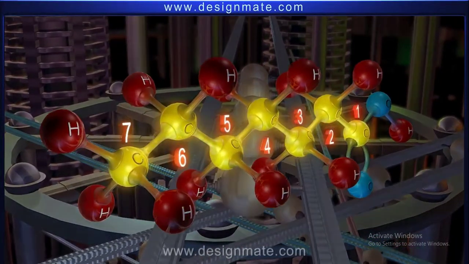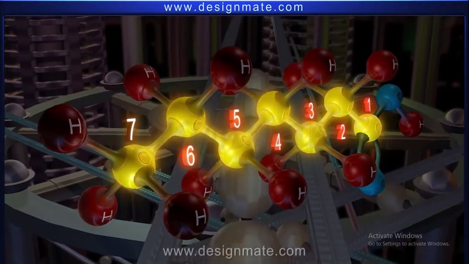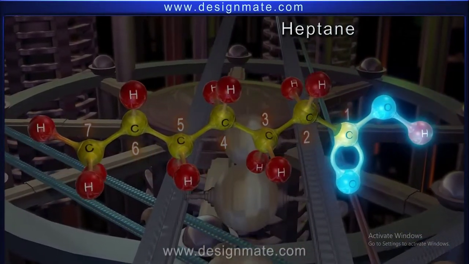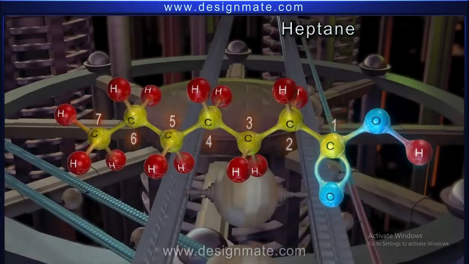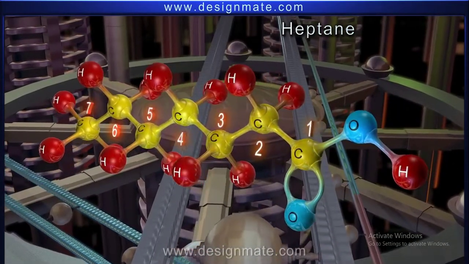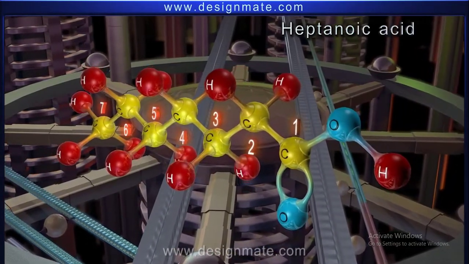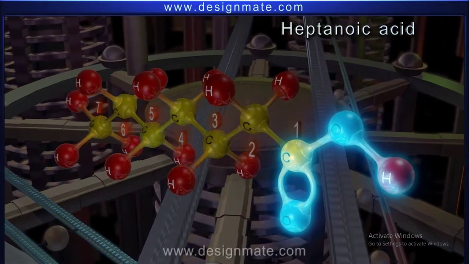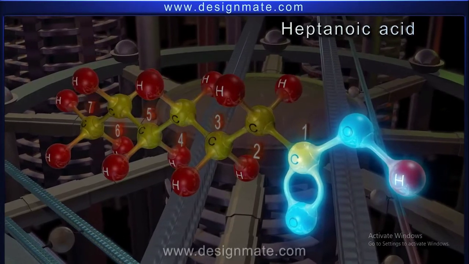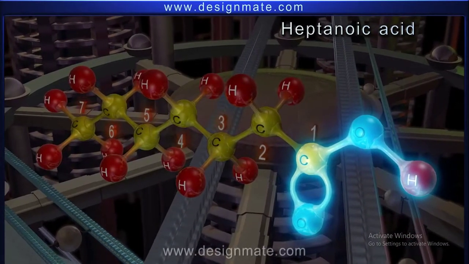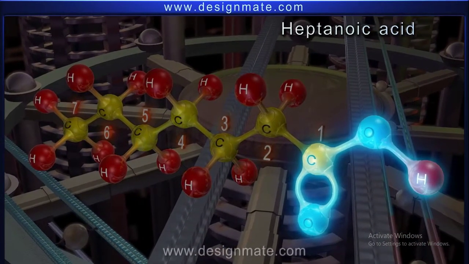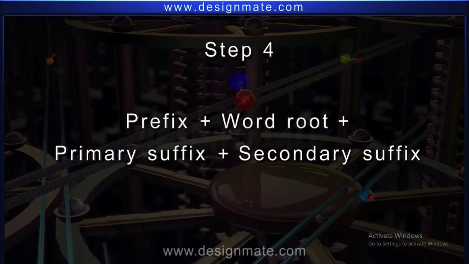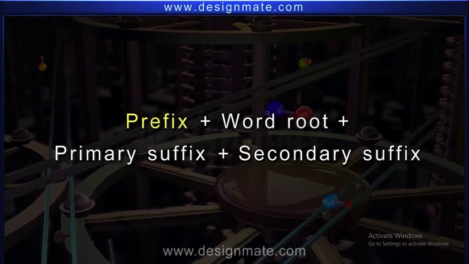The 7 carbon chain will have the word root hept, primary suffix ANE, and as COOH is the main functional group present in it, it will be named by replacing the E of the alkane with OIC acid, as heptanoic acid. As the COOH group is always at the beginning of the chain, it is not necessary to number its position.